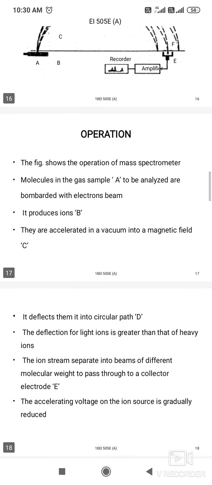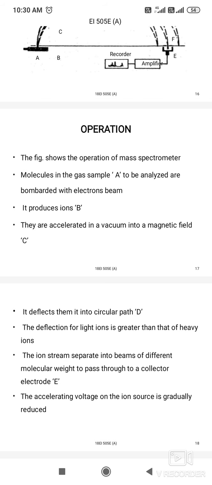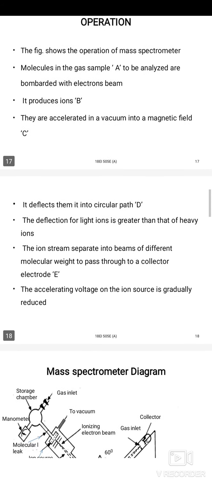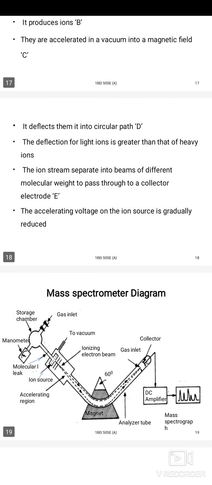You can see the operation. The figure shows the operation of the mass spectrometer. Molecules in the gas sample A to be analyzed are bombarded with an electron beam. It produces ions B. They are accelerated in vacuum into a magnetic field C. It deflects them into a circular path D. The deflection for light ions is greater than that of heavy ions.